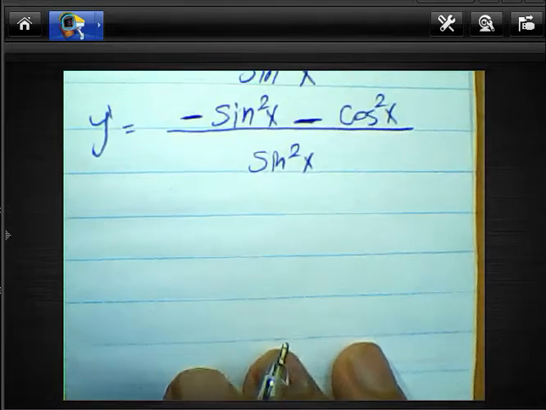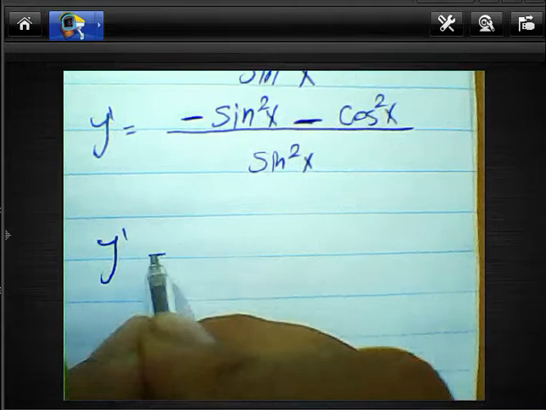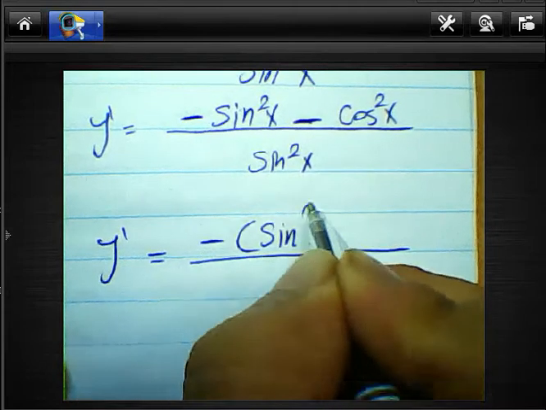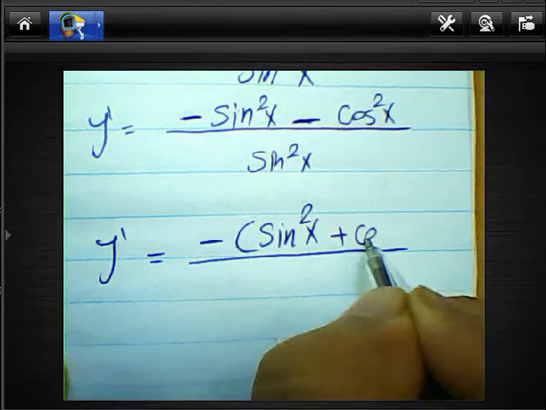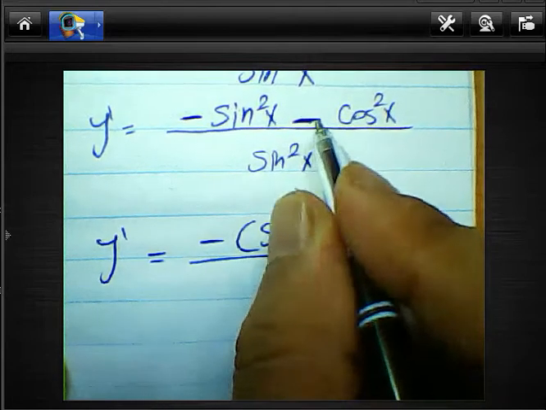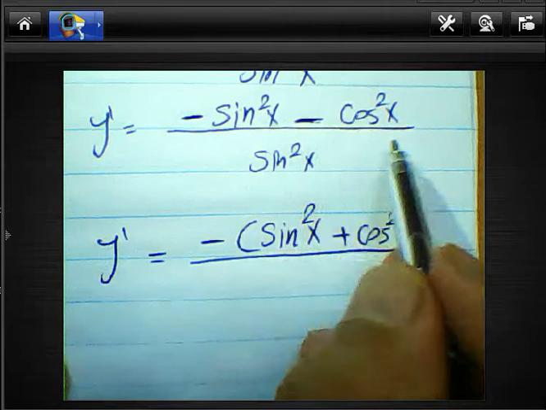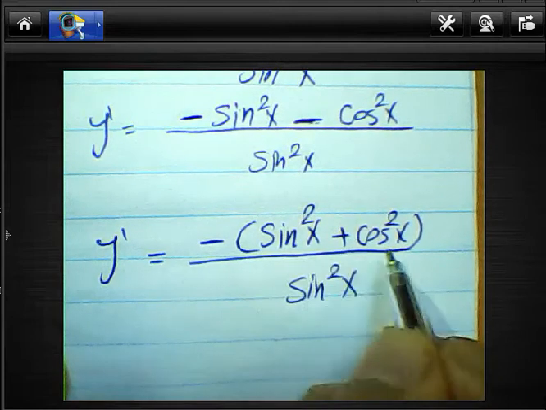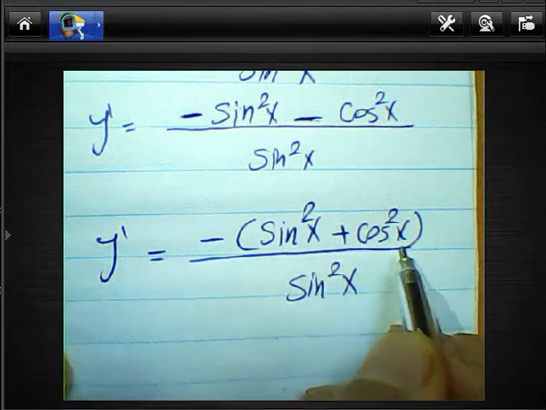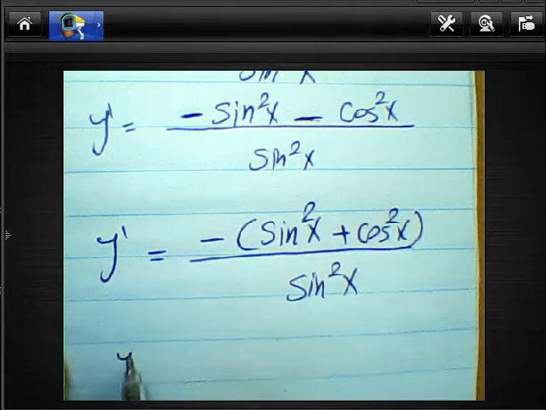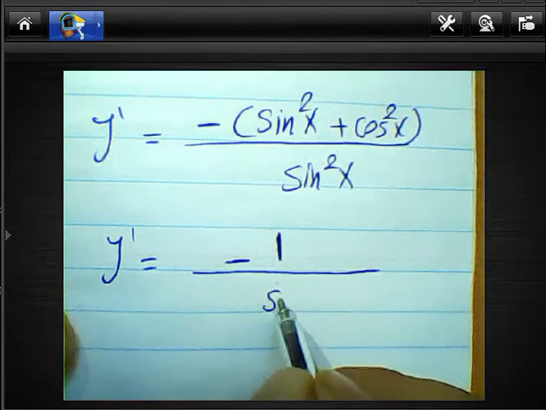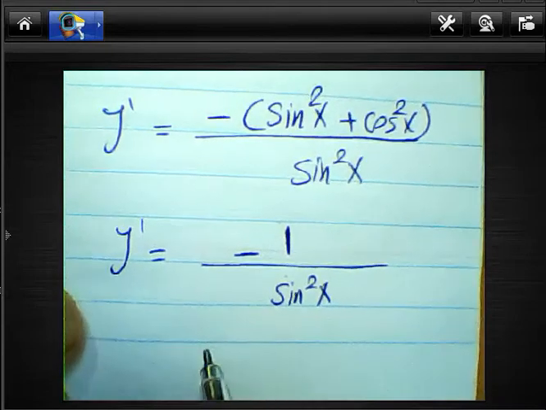We can write the negative outside, as the coefficient of the two terms in the numerator, and write sine squared x plus cosine squared x. We invert the sign of this function, okay, and the denominator is sine squared x. We know this identity, sine squared x plus cosine squared x equals 1. Then y dash equals negative 1 over sine squared x.